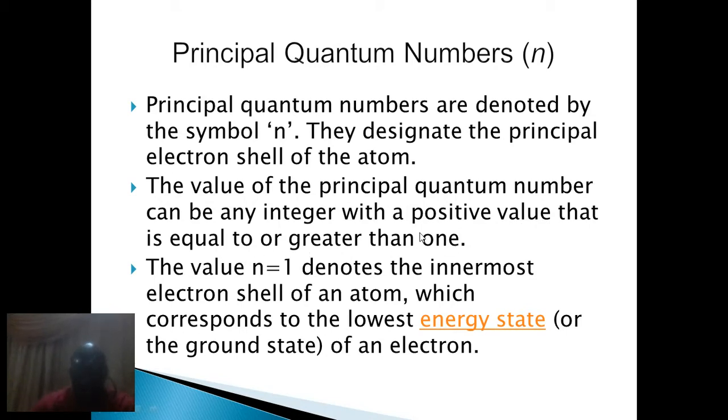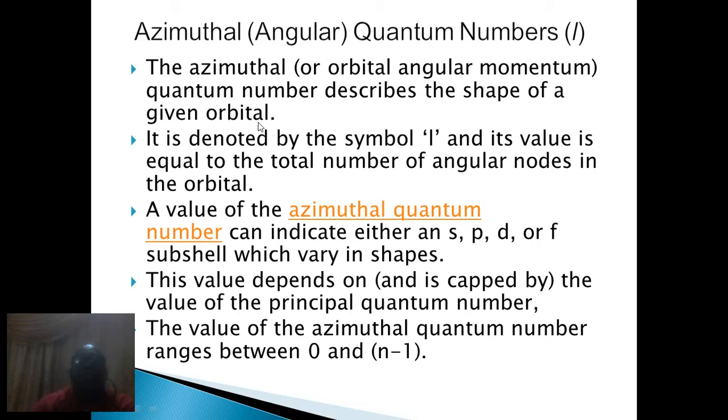In other words, n starts from 1, 2, and so on. n can never be 0, and it can never be negative. The value n equal to 1 denotes the innermost electron shell of an atom, which corresponds to the lowest energy state, or the ground state, of an electron.